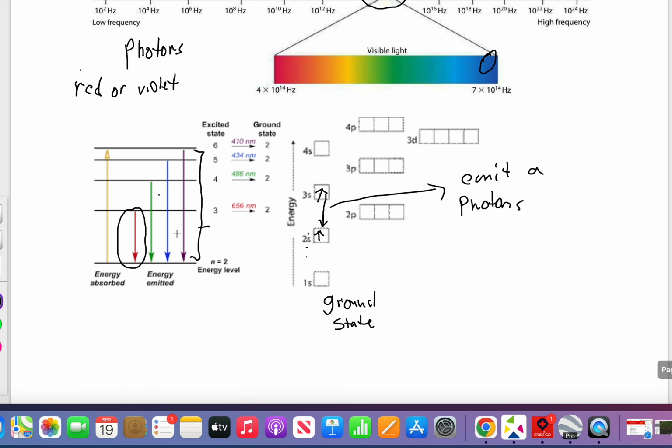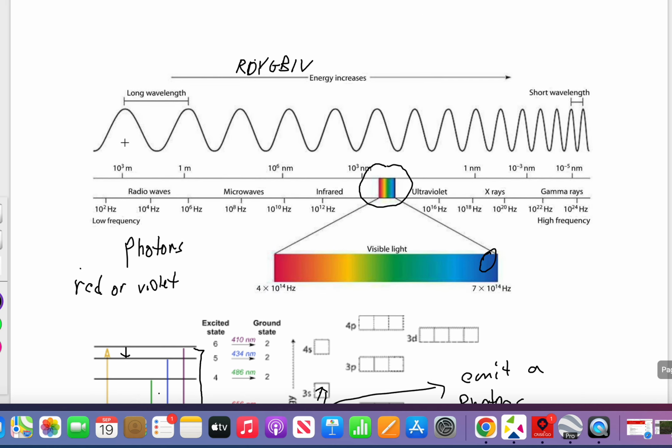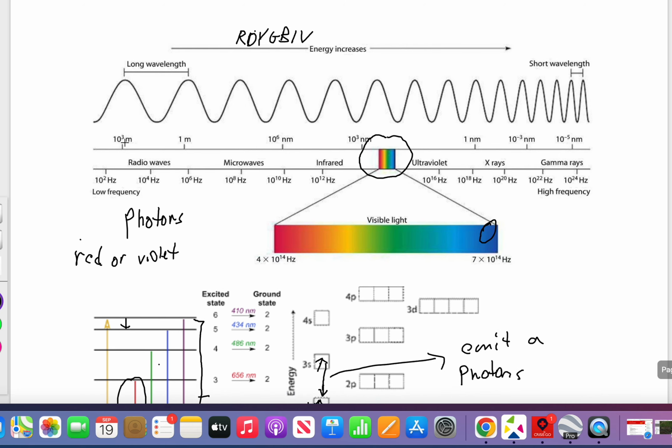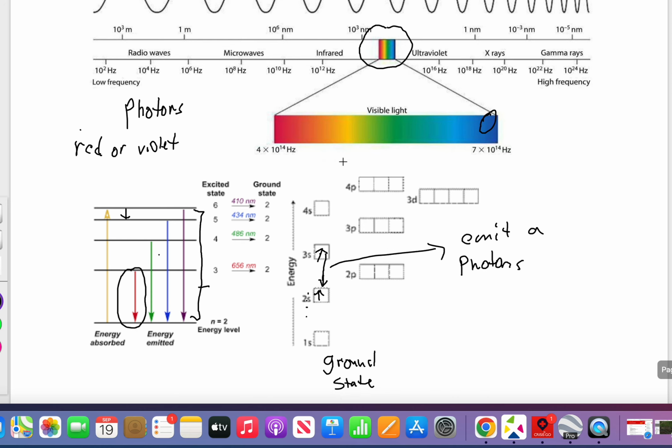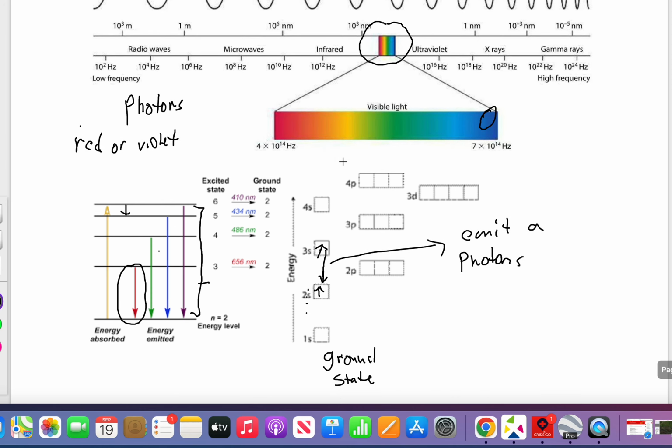Sometimes electrons fall such a small distance, like let's say one fell from the 6th to the 5th. See how little energy that is? That's such a small amount of energy that it doesn't correspond to the visible spectrum. Humans couldn't see that, but it could be something like infrared radiation. Sometimes electrons fall from such a large range of energy, like maybe one could be way up here in the 7th energy level, and it could fall all the way down to n equals 1, the first energy level.